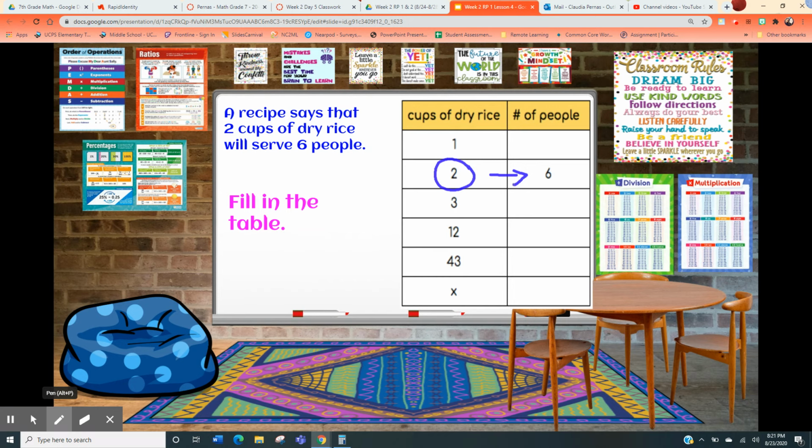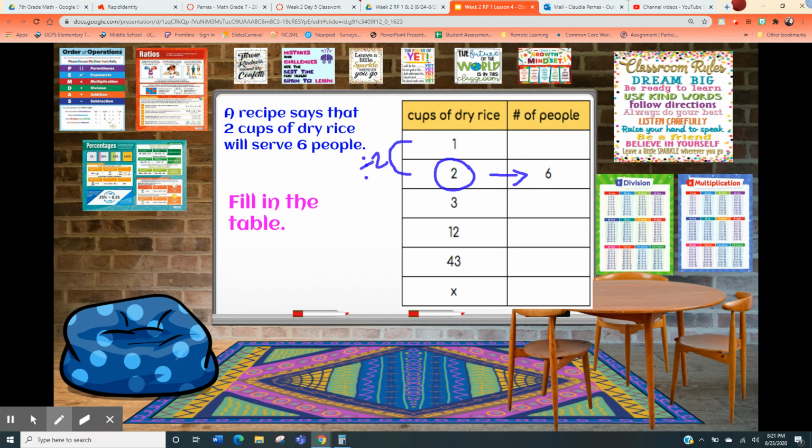So remember that in order to figure out what our unit rate is, we want to start by figuring out how we get to 1. So in order to get to 1 from 2, remember I have to divide by 2.